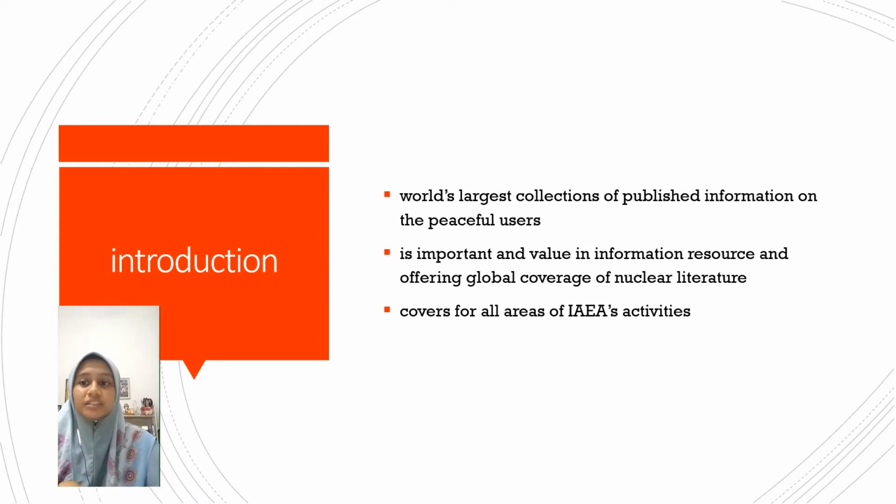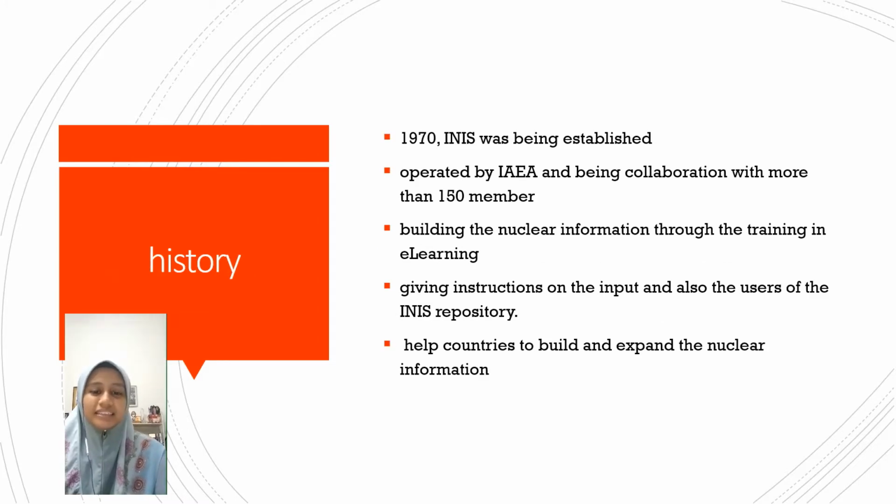INIS helps in navigating and collecting resources. The history of INIS is that in 1970, INIS was established. The IAEA mandate is to foster the exchange of scientific and technical information on the peaceful use of atomic energy. INIS is operated by the IAEA in collaboration with more than 150 member states and international organizations.